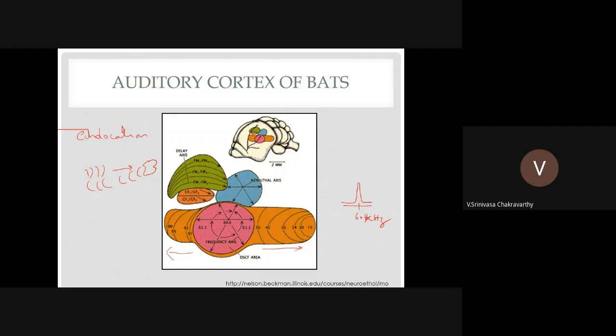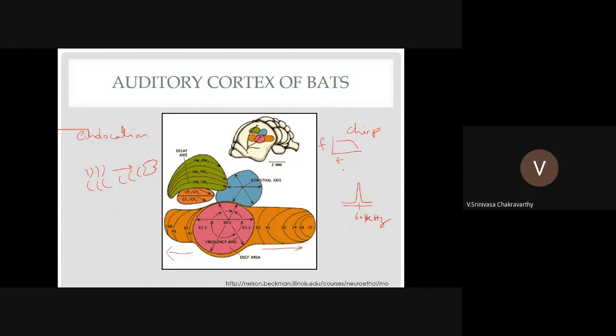Now, bats also use frequency modulated signals. These are called chirp signals. If you look at the map between frequency and time, it has a constant frequency up to some point and then drops. This dropping part is the chirp part.